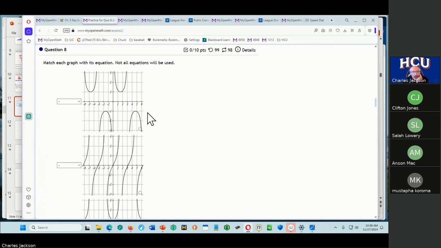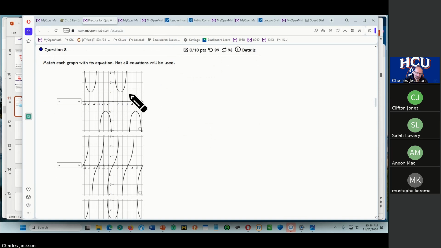Okay, so we know that this one here is the reciprocal of sine, because that sine, like I said, starts at the origin, and then it does this wave.